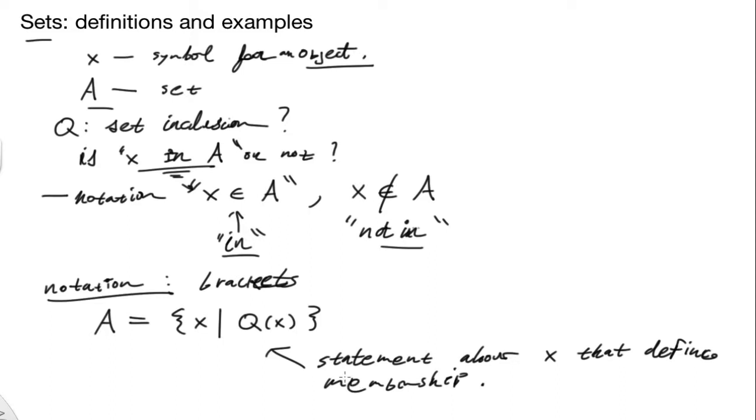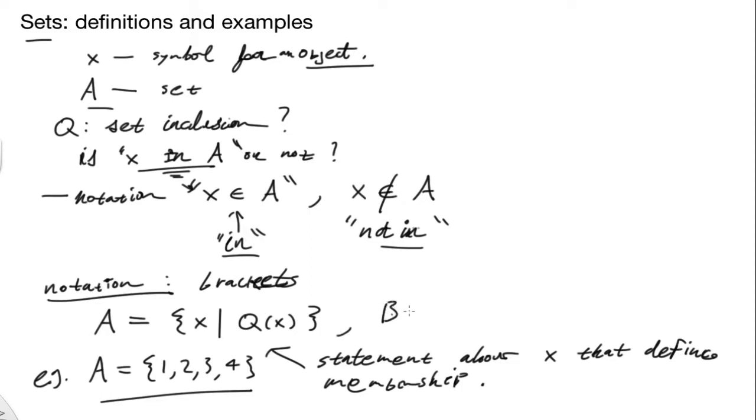Okay, and a basic example here, I'm just going to give an example. Sometimes you can just give it explicitly. If you can actually write down a finite number of objects, say A, for example, is 1, 2, 3, and 4. The numbers 1, 2, 3, and 4. So that's an example of that. But we could have another example.